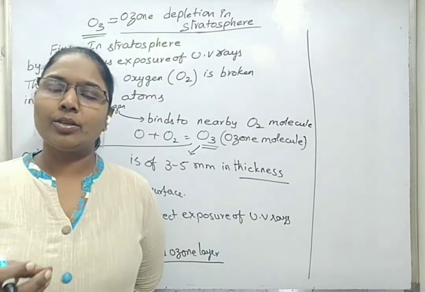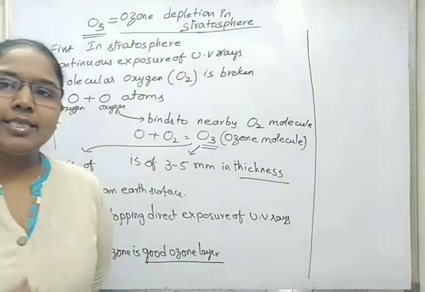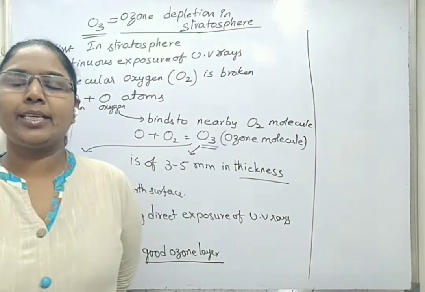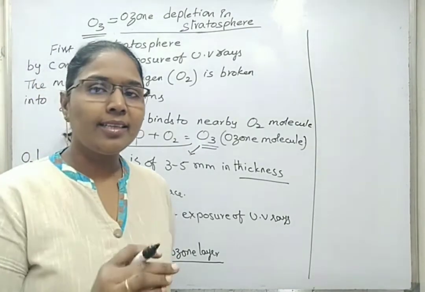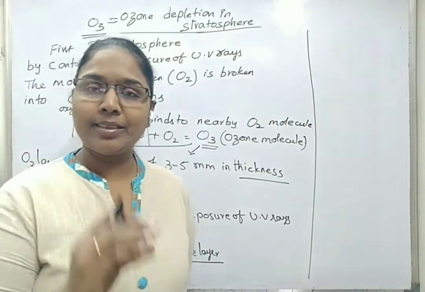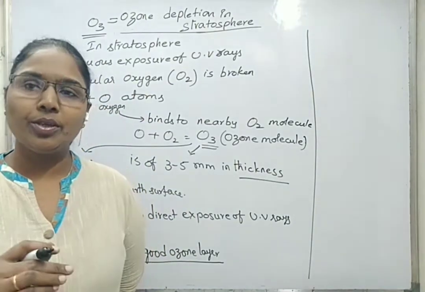These chlorine atoms are responsible for breaking the ozone layer back into molecular oxygen and separating the oxygen atom, so that the thickness decreases. The complete ozone layer is not getting damaged, but the thickness is being decreased. When thickness is decreased, we use a term like ozone hole.